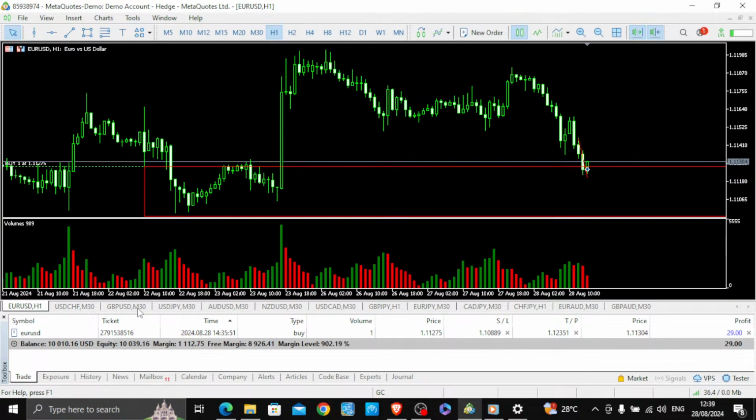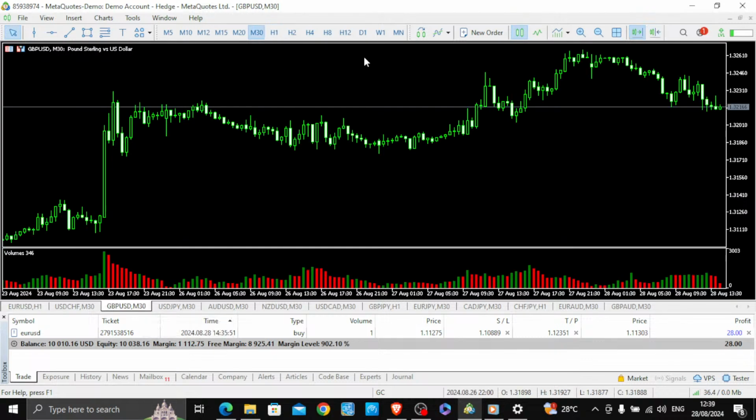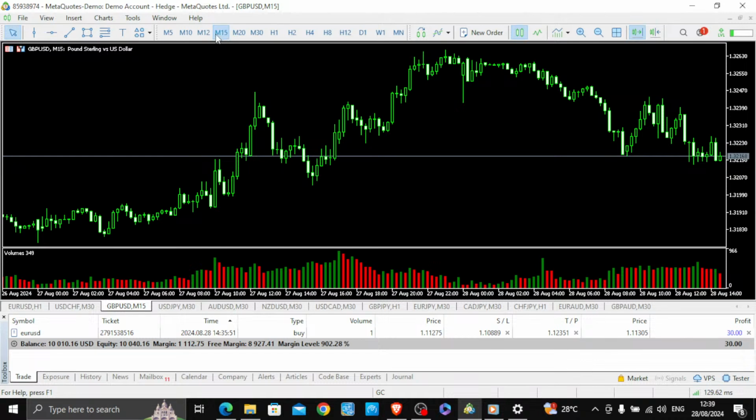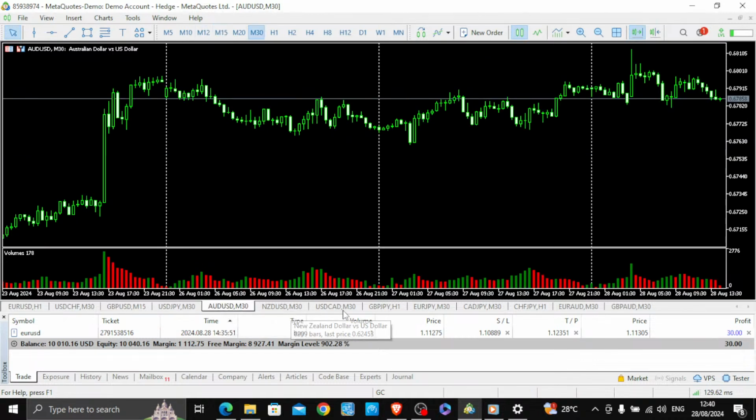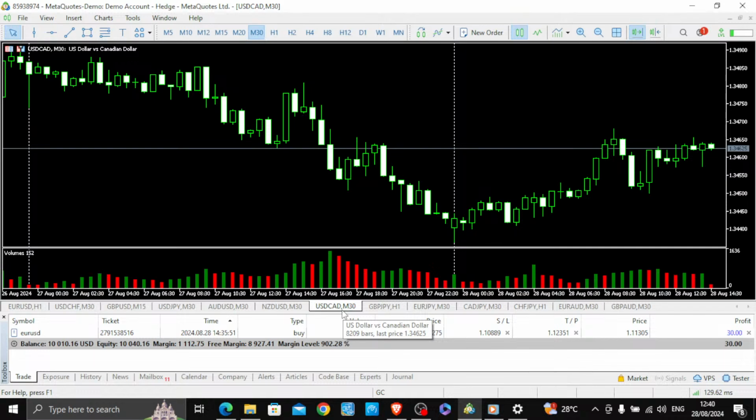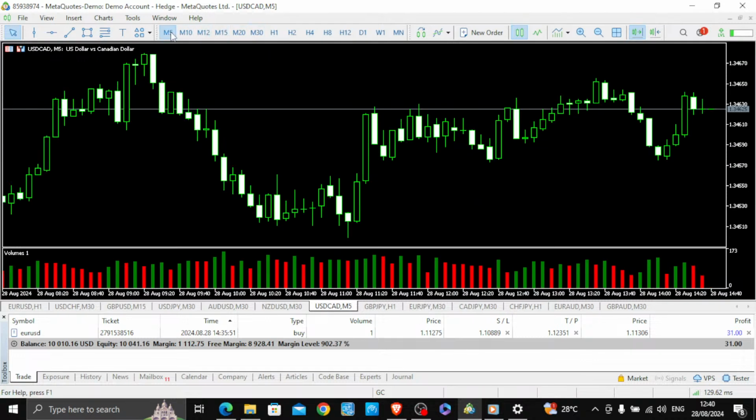Let me pick GBP USD to check if it is giving me something here. Okay, now I'm not having any entry here. Let me check what's happening here. Okay, let me still use the same Euro USD.